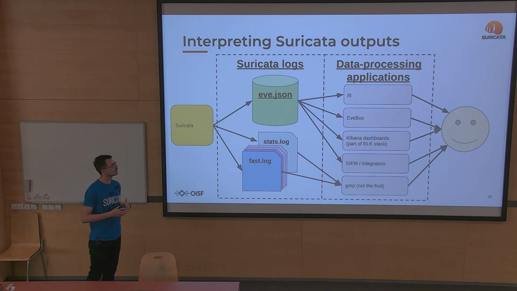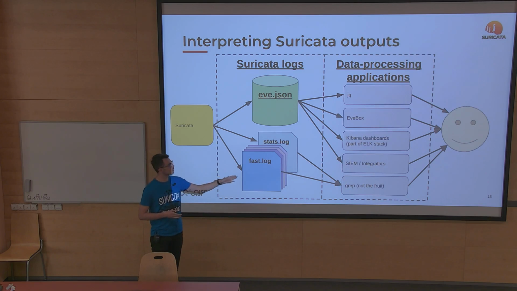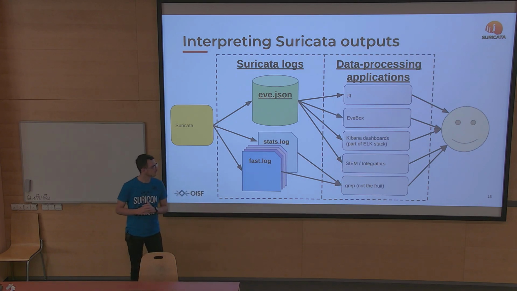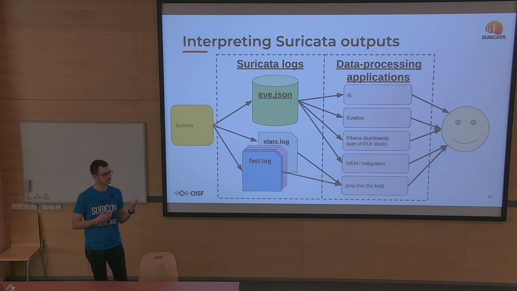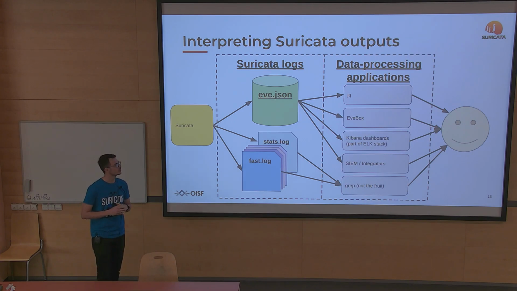Generally speaking, we have a few data processing applications that are quite common and that work with Suricata well. There's the JQ tool. It's a command line tool, but it can be good for a quick check. But usually, security operational analysts don't really use JQ.